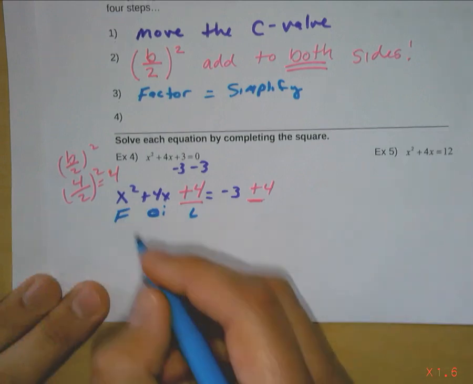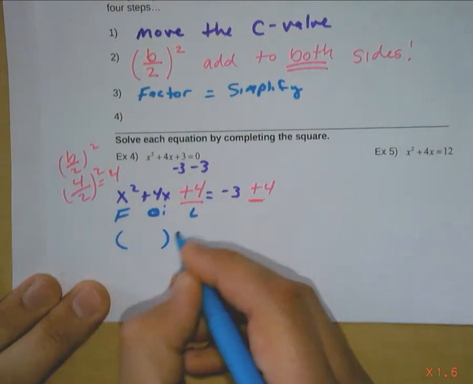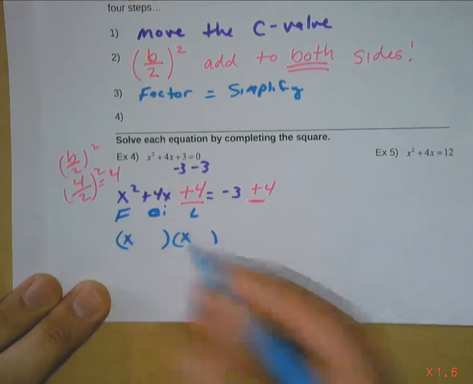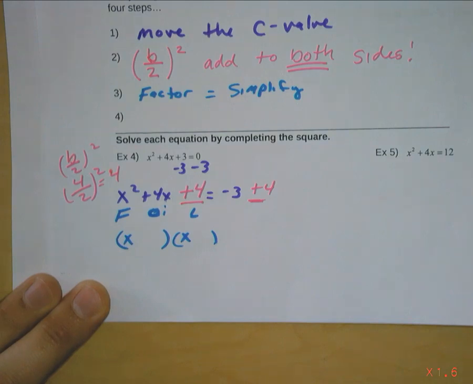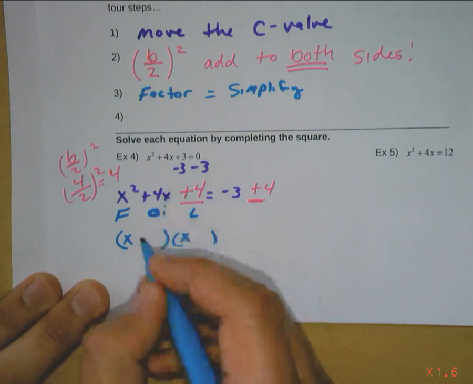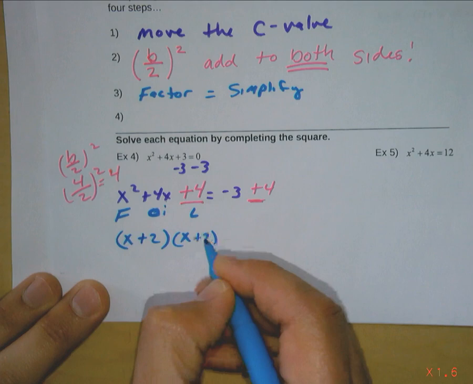All right, we know factors of x squared are x and x. Okay, and then what are factors of 4 that add up to 4? What are factors of 4? 1 and 4, 2 and 2. Which ones add up to 4? 2 and 2. So x plus 2 and x plus 2.